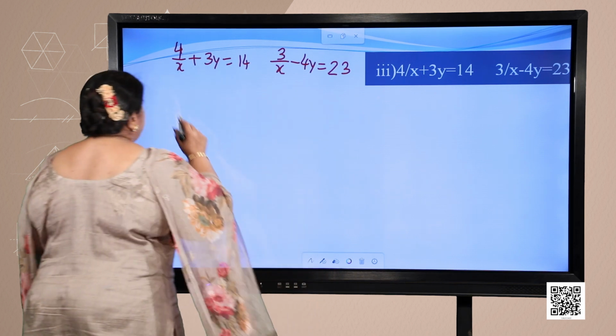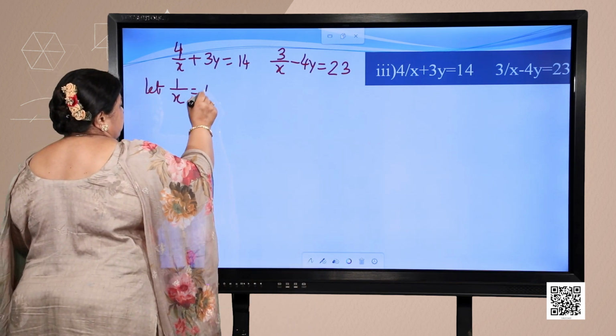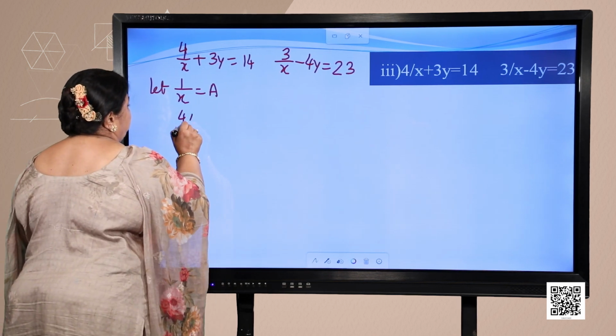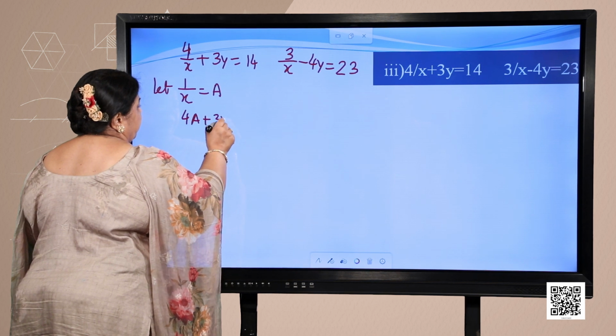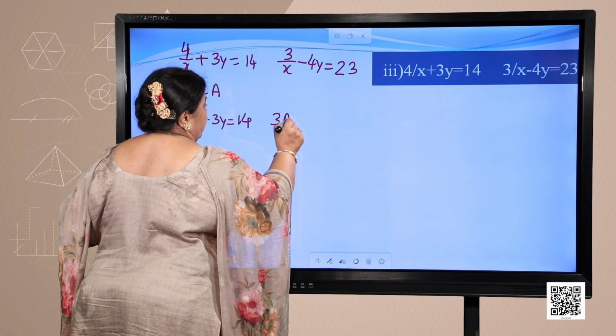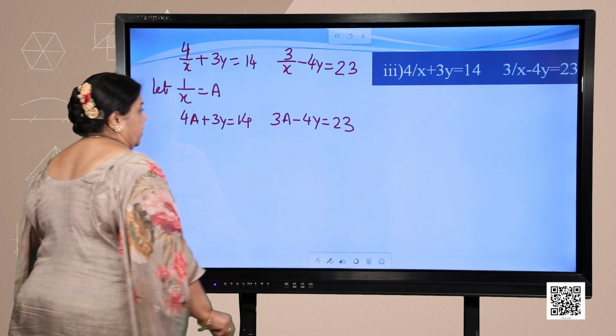So, in this case, we can consider 1 upon x is equal to a. So, in linear equation form we will get 4a plus 3y is equal to 14 and 3a minus 4y is equal to 23.